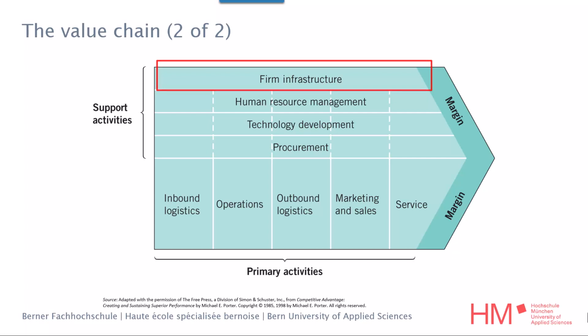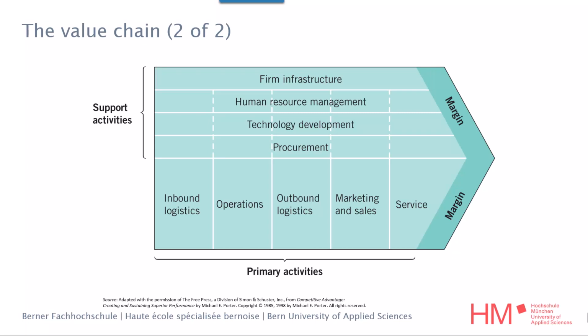As you can see, the firm infrastructure section here cuts right across the other elements of the support activities. We then see human resources management, which is applying people to problems within the organization and making sure that we recruit the right kind of people with the right skills, with the right attitudes, and the ability to do the job that is required, because as many organizations say today, people are our most important resource.